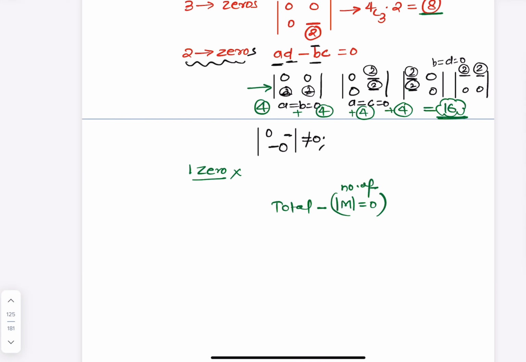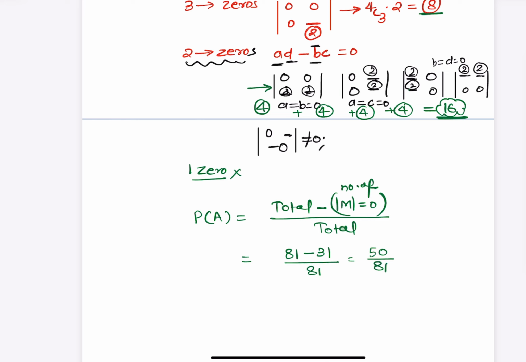So 31 such matrices, divided by total. That is our required probability. So the total 81 matrices minus 31, divided by 81. So we are getting 50 by 81. That is our required probability.